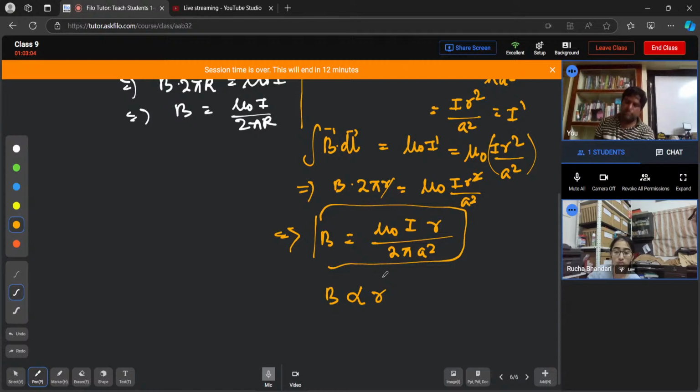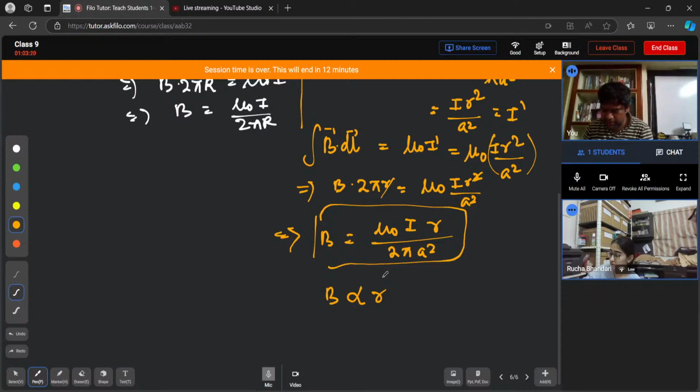That means magnetic field, inside the conductor up to the radius a, is increasing. And outside it is decreasing.